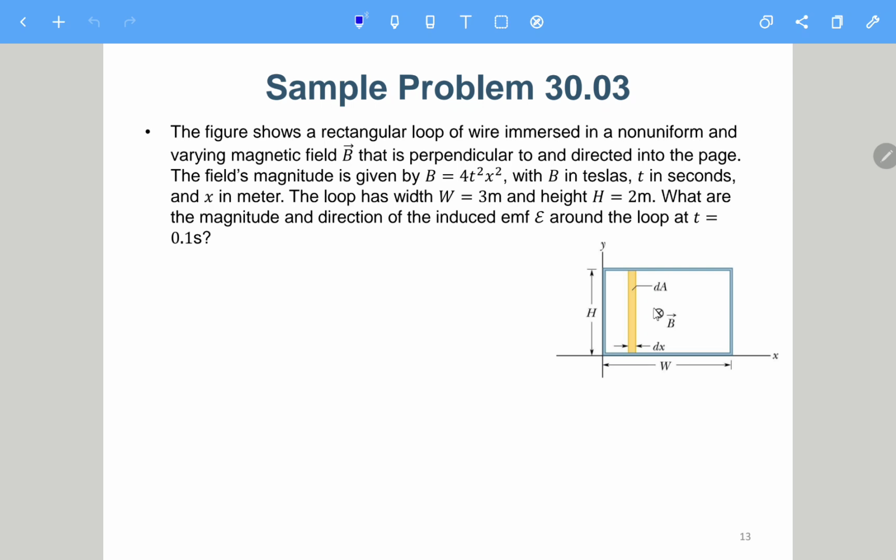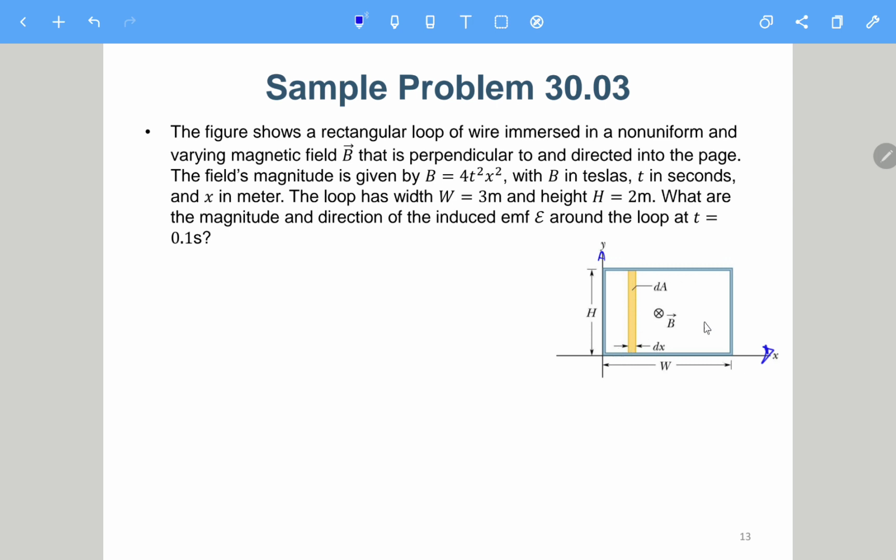Here we have the B field pointing into the page, and this is the rectangular loop. The field magnitude is given by B equals 4t squared x squared. So it is related to the time and also to the x-axis. This is the x-axis, this is the y-axis, although the B field does not relate to the y-axis. This is good news.